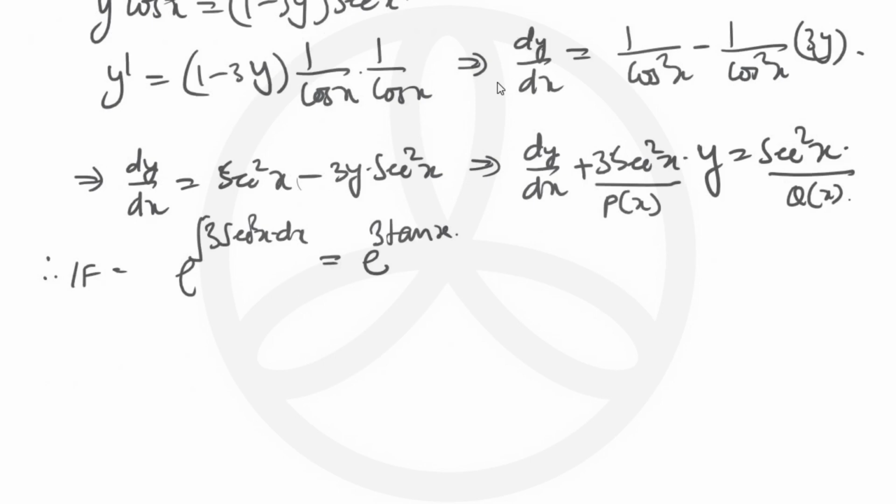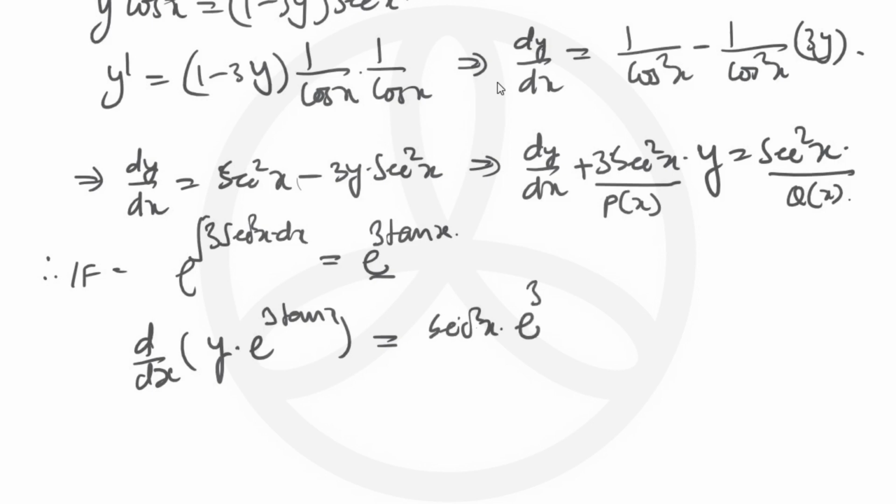So we can multiply y with e to the power of 3 tan x here, and again on this side we do secant square x e to the power of 3 tan x.